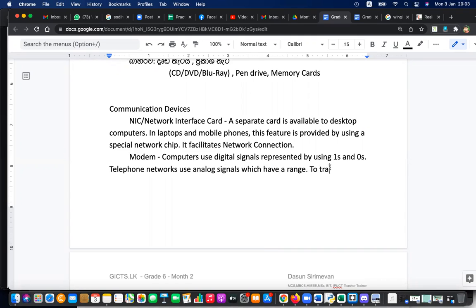To transport and convert digital to analog and analog to digital, we use a modem.